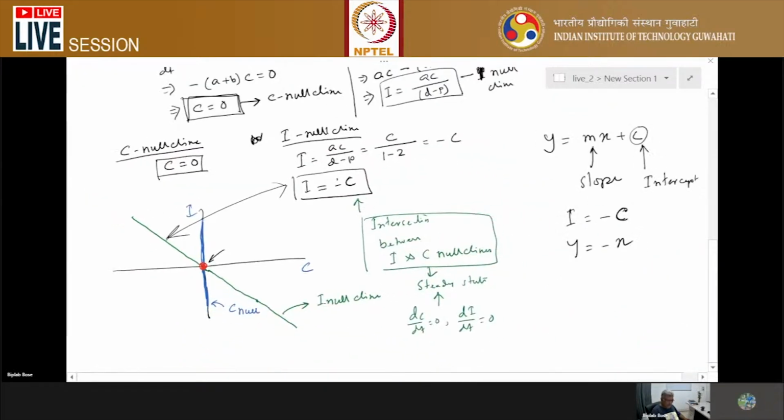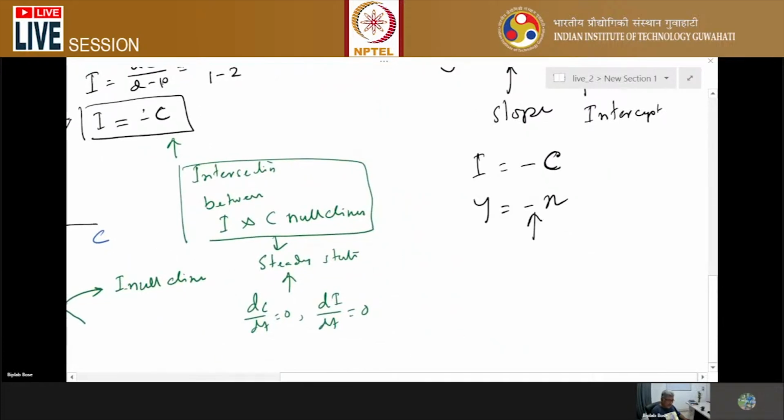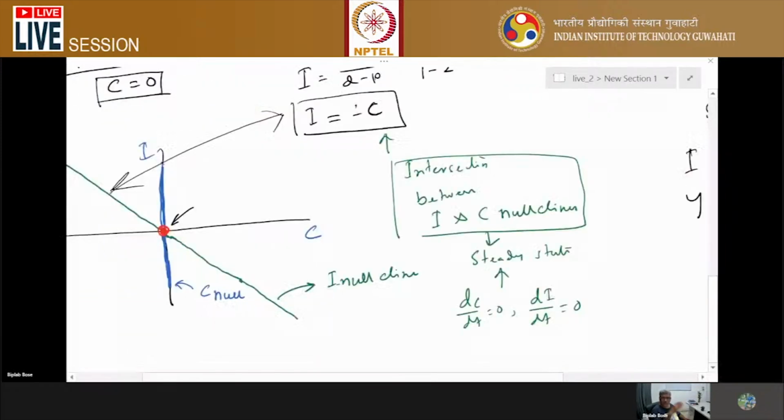Because it does not have any intercept. At the same time, the slope is negative. That means I should have a slant, high on the left hand side and low on the right hand side. Then only the slope can be negative. That is why we have this type of line. Fine.